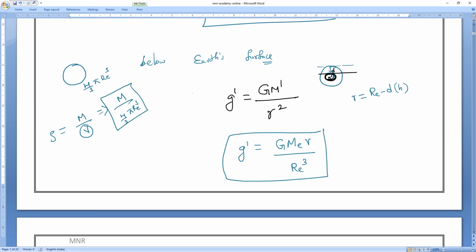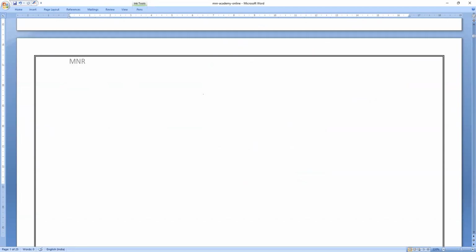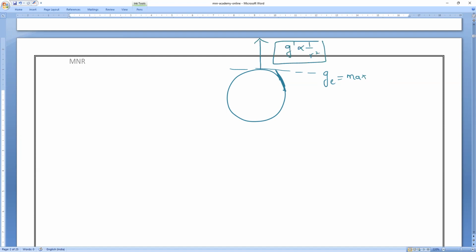Where is the g value maximum, everybody? If I take the Earth, please remember, on the surface the g value is maximum. If I go above, g value is inversely proportional to the square of the distance between the Earth and the object.